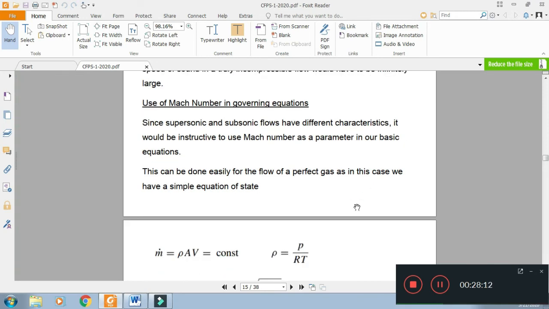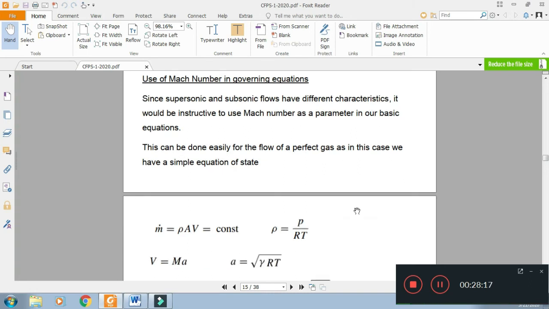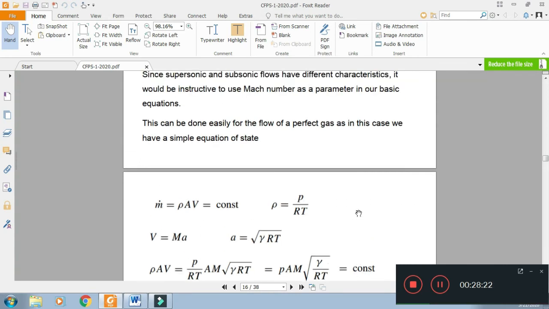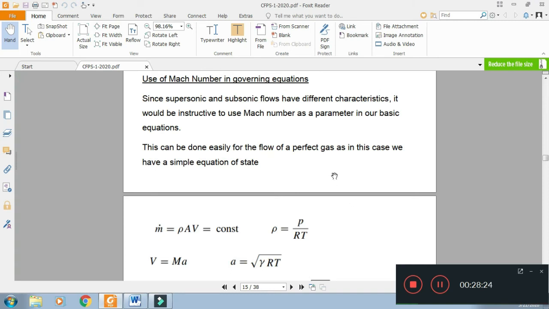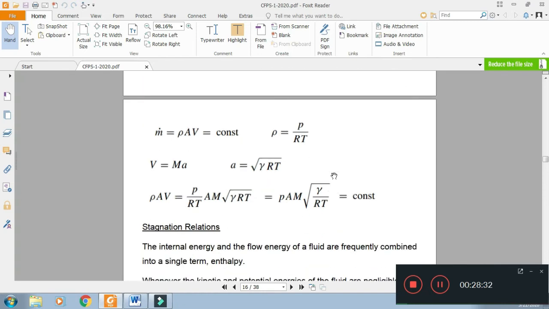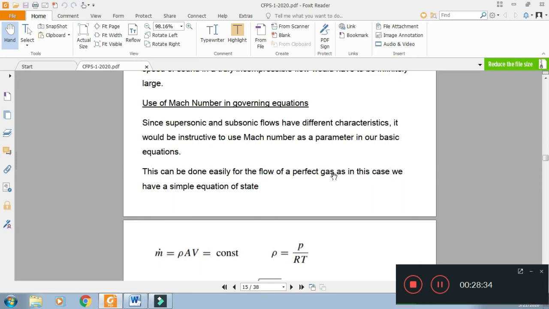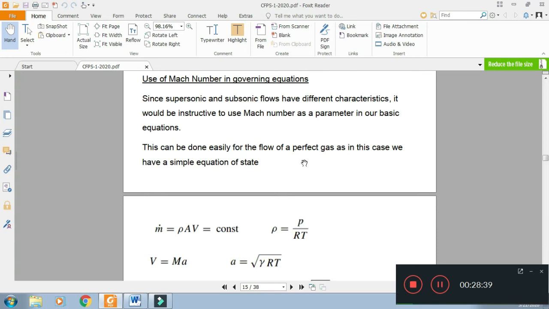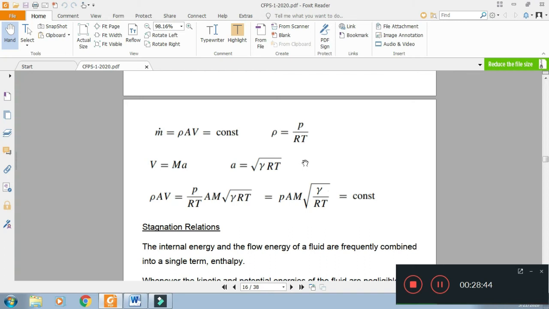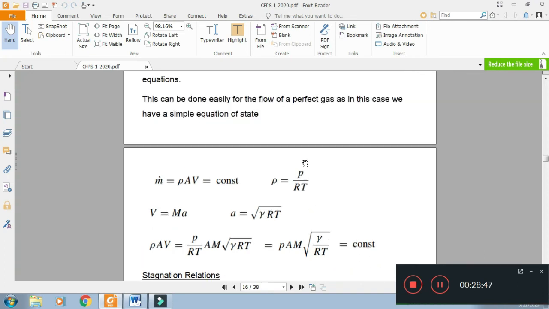Now, use of Mach number in governing equations. The equations which will be developed for the isentropic flow or non-isentropic flow will be written in terms of Mach number. Since it is the most important parameter for the compressible flow, all the equations will be written in terms of Mach number.